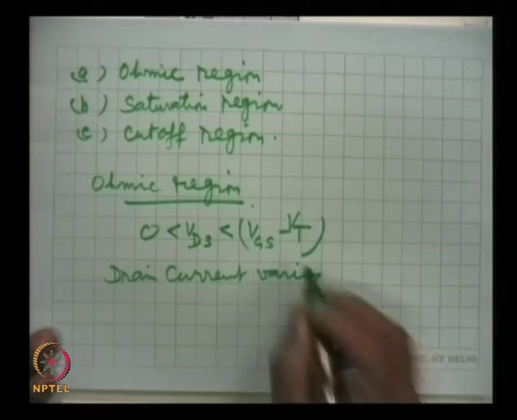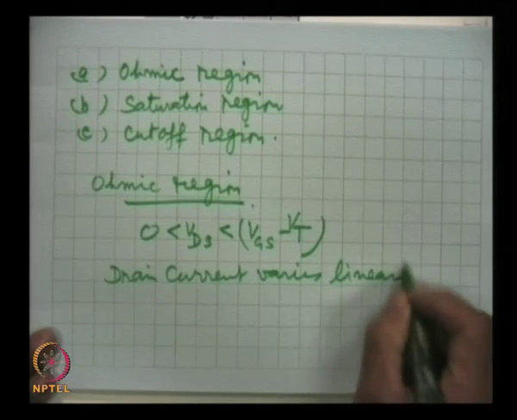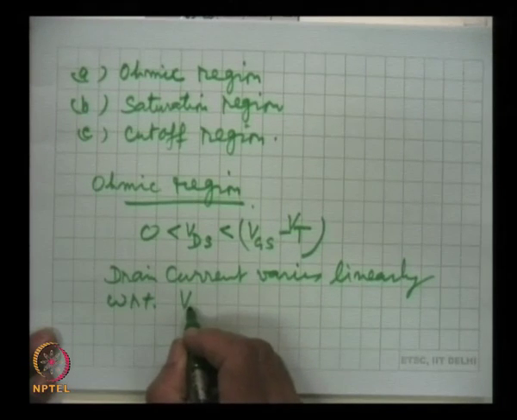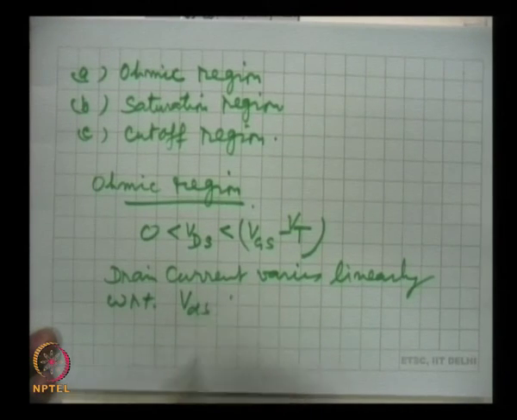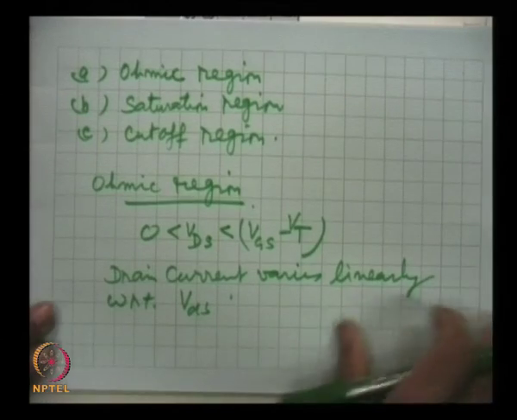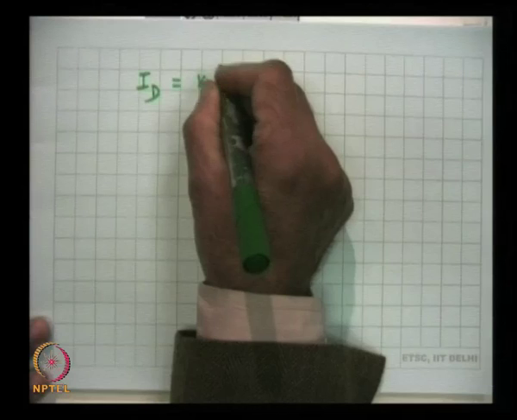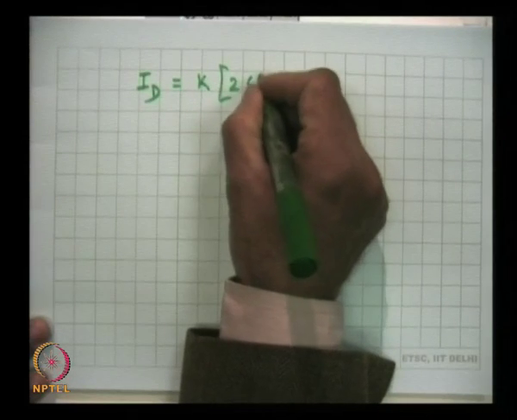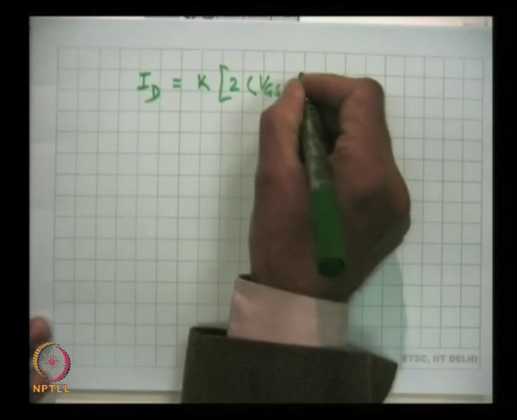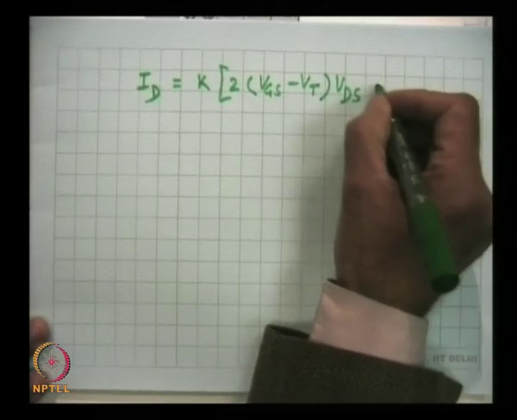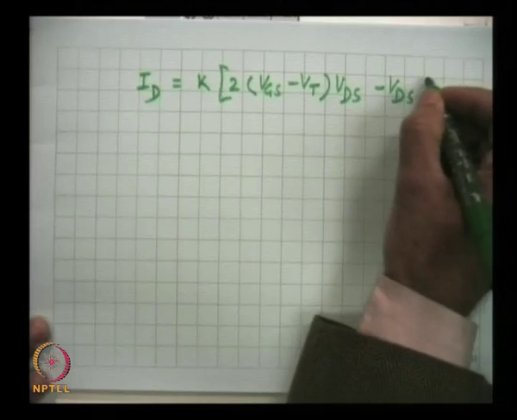And here the drain current varies linearly with respect to VDS, and the drain current is given by this expression: ID, the drain current, is equal to K 2 VGS minus VT VDS minus VDS square.